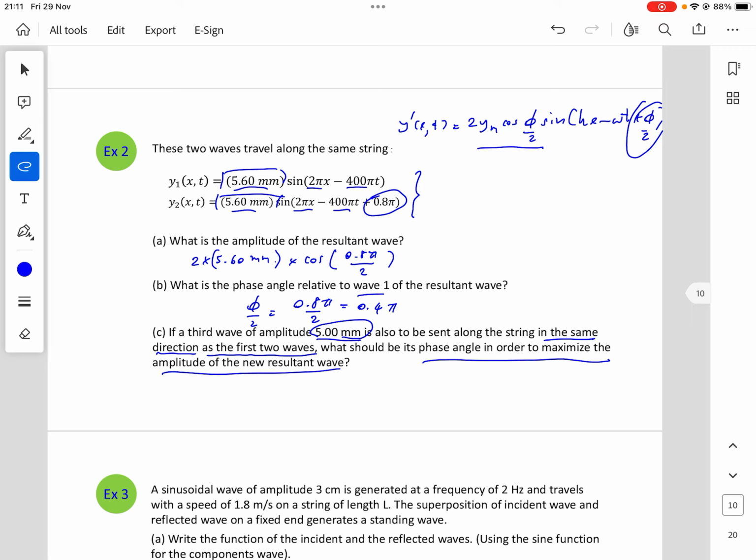Well, you don't need to panic. Now I will call it y prime 2 of x, t, which should equal y1 of x, t plus y2 of x, t plus y3 of x, t.